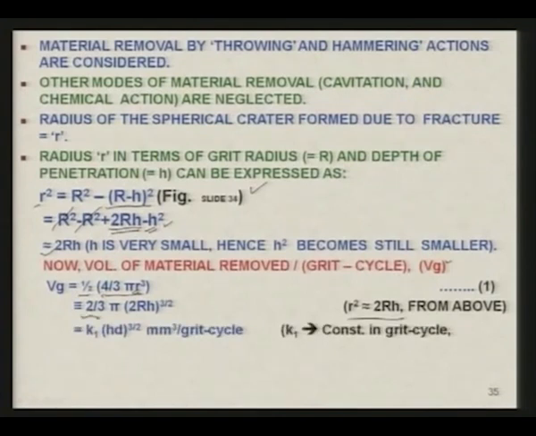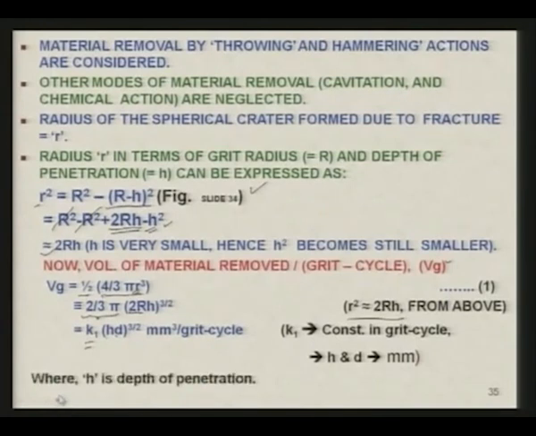So, this term including this 2, you can make it a constant k 1, and 2 R becomes small d, and h into d raised to power 3 by 2. So, this becomes k 1 h d raised to power 3 by 2 cubic millimeter per grit per cycle, where k 1 is a constant, and h and d are to be given in millimeters, where h is the depth of penetration as I have shown over there.